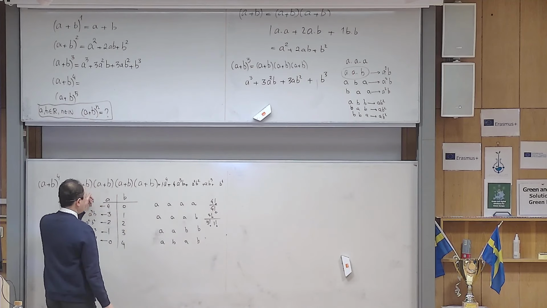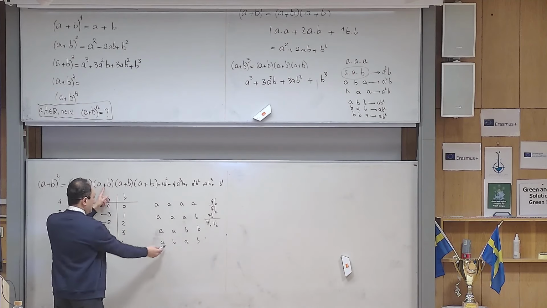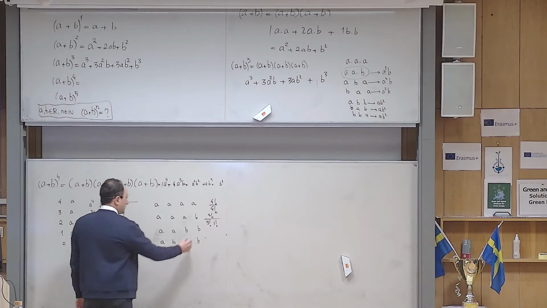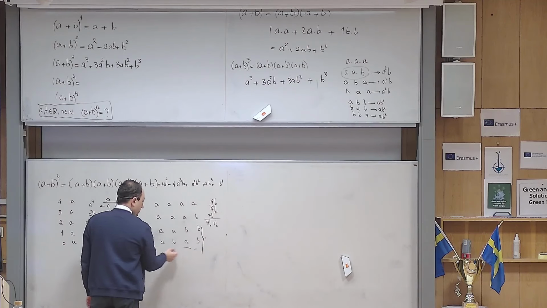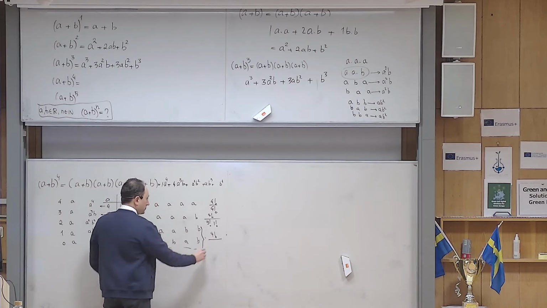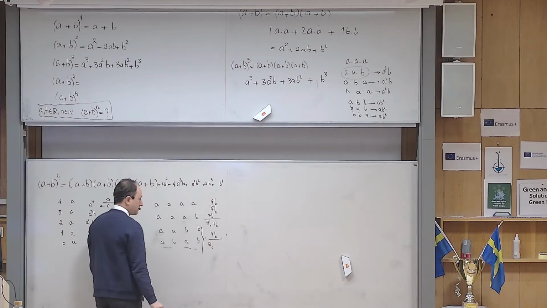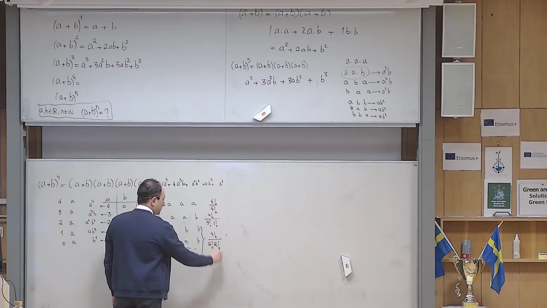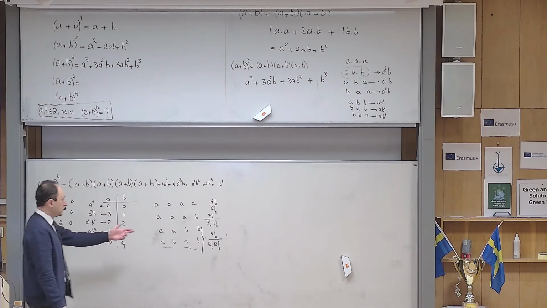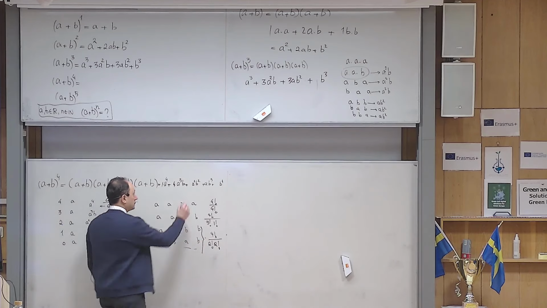It means from the first I chose A, from the second I chose B, from the third I chose A, from the fourth I chose B. So if I consider all possible scenarios here, how should I count them? 4 factorial, divided by 2 factorial because of 2 times repetition of A, and 2 factorial because of 2 times repetition of B. So that number, as you said, if you calculate that, it becomes 6.